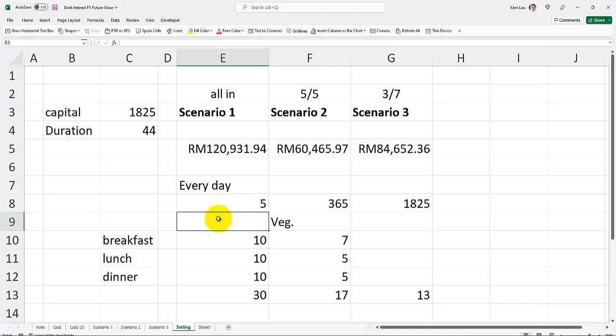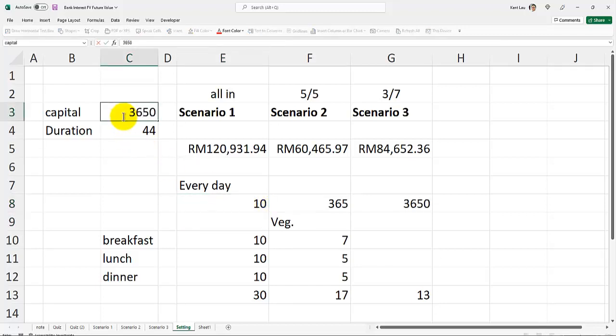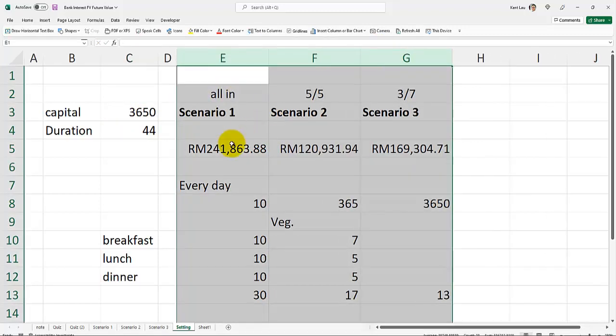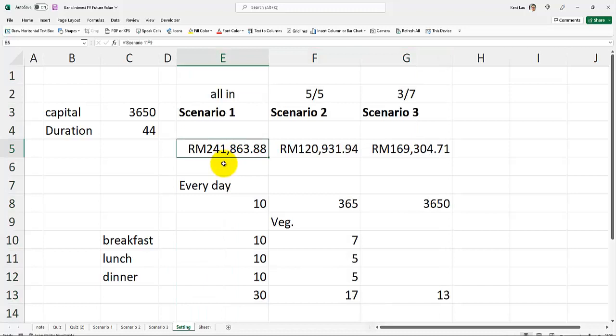Let's just say you do a habit of this for 5 days a week. Saturday and Sunday, right? You want to eat Sunday more, right? So you can, right? So that will give you ability to save 1,825 or even more, right? Say now you know that you can save 310. So now with 3,650, then after 44 years you get 241.